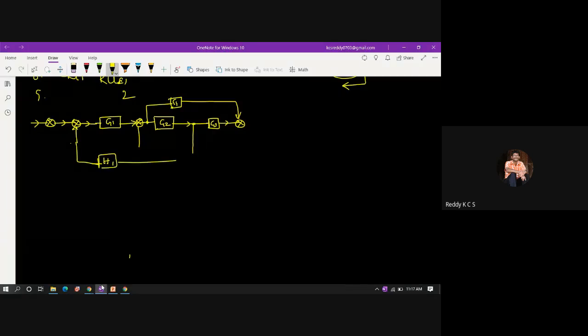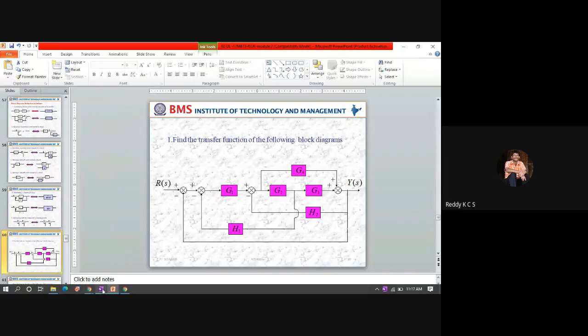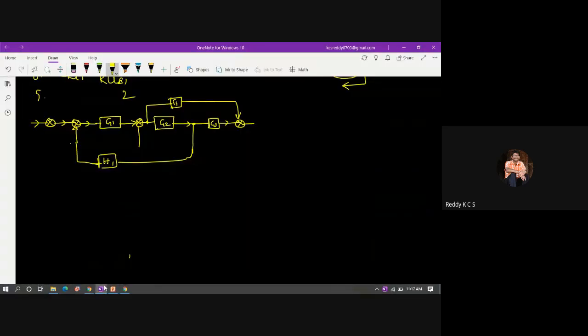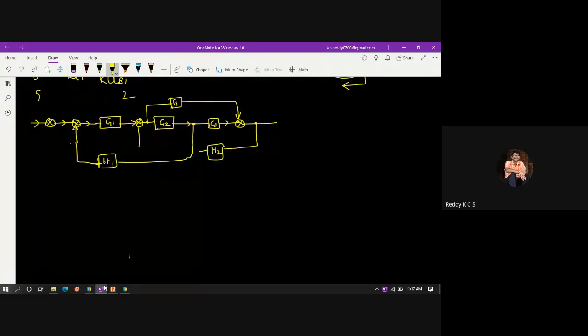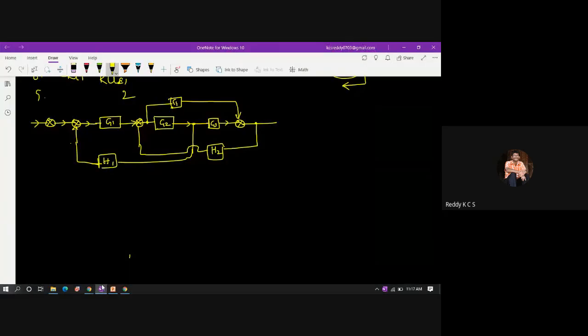Okay, so this is the one, and one more from this output, this is the output, with H2, and this signal is like this, I can mention. Next, one more is coming towards this side, to the first summing point, without any value.